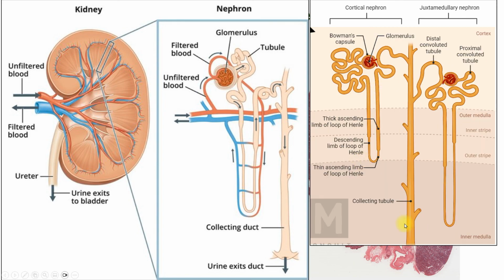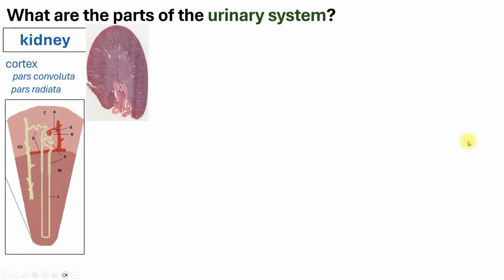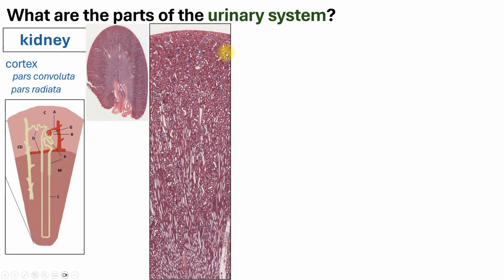So again, here is another detailed diagram of the different parts of your uriniferous tubule. Here we can see the cortex, and as we said earlier, some areas would contain the glomerulus and the convoluted tubules, which will register as circles or holes.